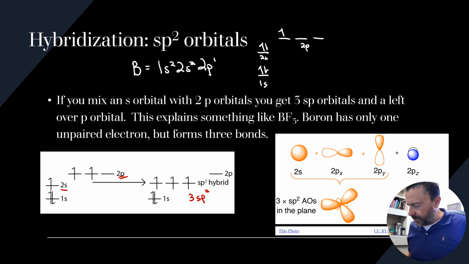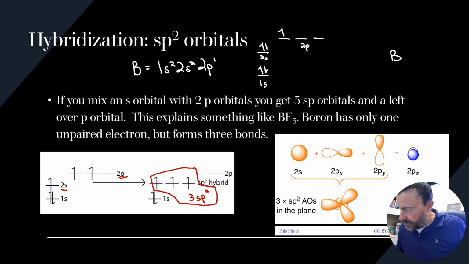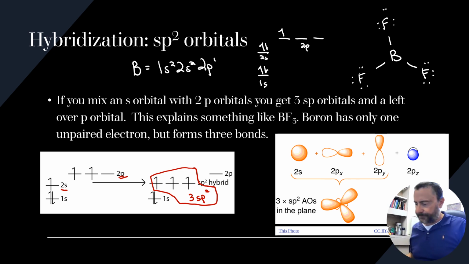That's because of these three hybrid orbitals there. And so we actually get this trigonal planar shape, like so.